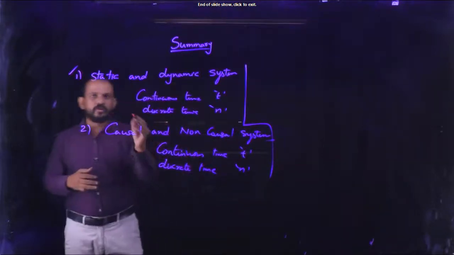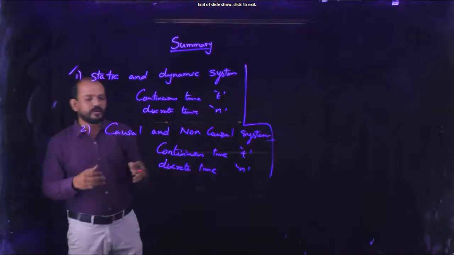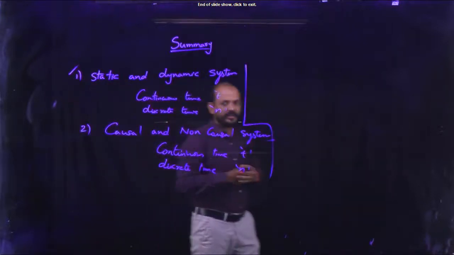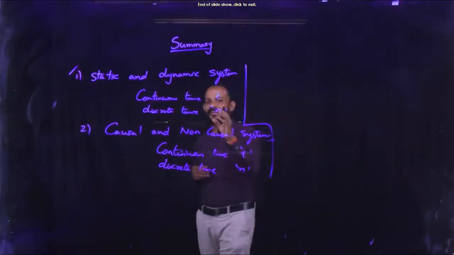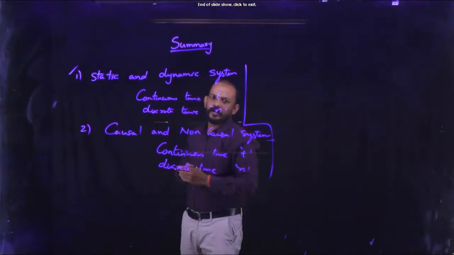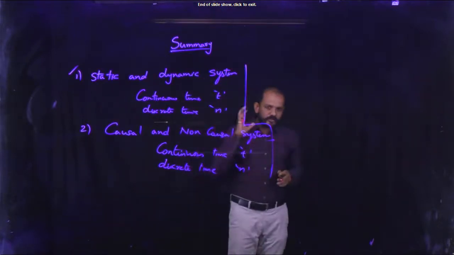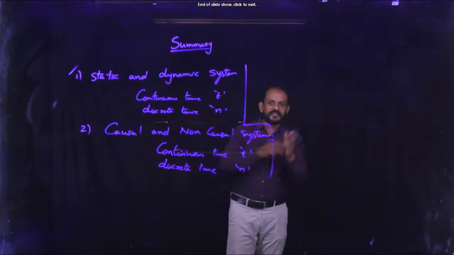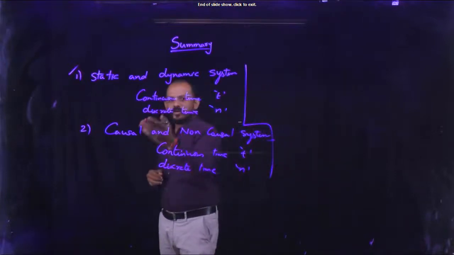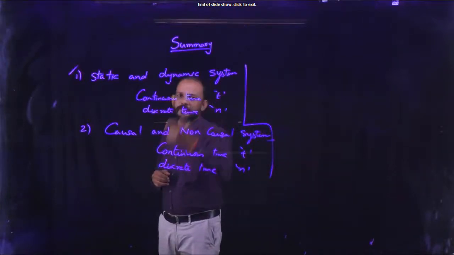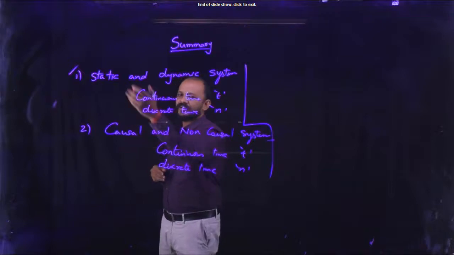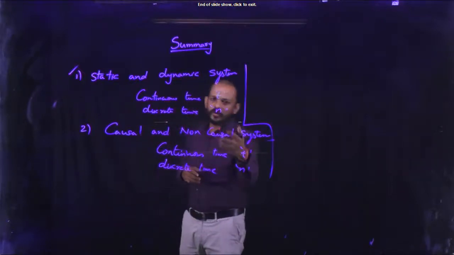So don't get confused with these two, because they are almost interlinked. The concept is the same for both. For this reason, some system equations may be causal and dynamic, some equations may be causal and static, some equations may be non-causal and dynamic.